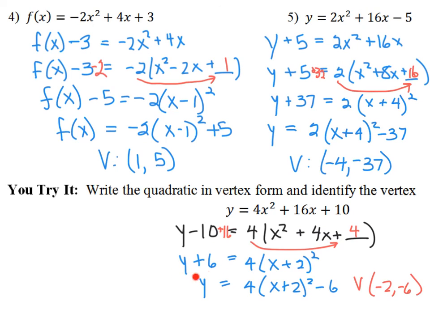Adding together on the left side, that's y plus 6. Factor your trinomial, so that's x plus 2 times x plus 2, or x plus 2 squared. And then for the last step, move the 6 over to the right side of the equation, so that gives us a -6. Reading my vertex from here, I'm getting -2 for the x-coordinate, -6 for the y.